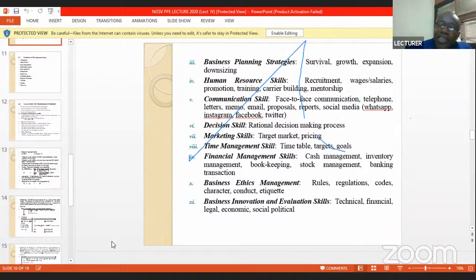In the university, it's the same way. There is time for all the lectures, timetable. And that is why even when you are preparing your wedding, there is a wedding program. That is time management. Very, very important. So for any entrepreneur, there is always a timetable.